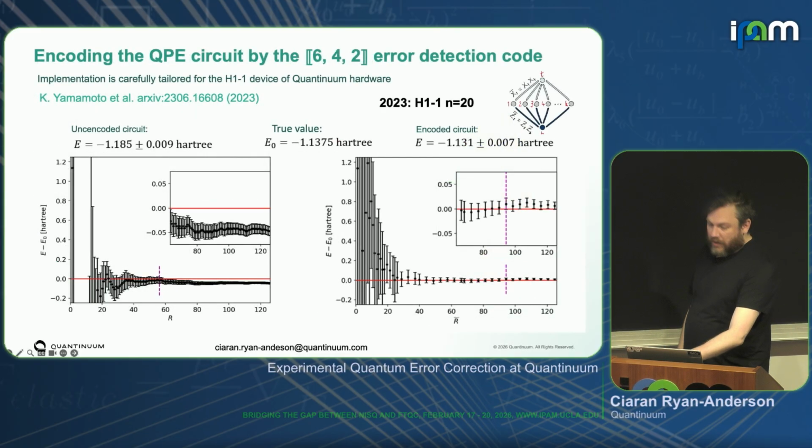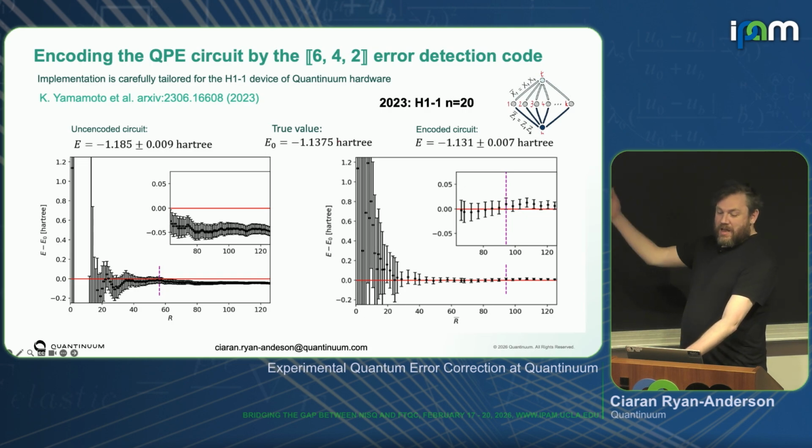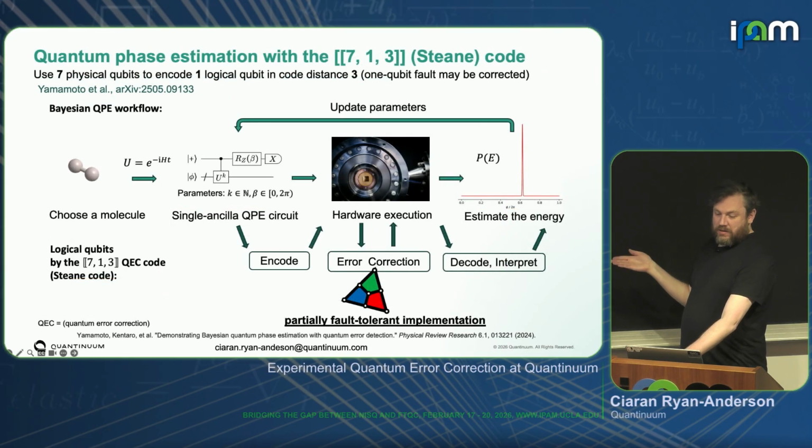And then I don't have very much time, but this actually might be more interesting to people. We did the error detecting code and did phase estimation and got relatively close to the actual known value for the hydrogen molecule. Then we took QEC, the Steane code yet again, and we did partial fault tolerance. So fault tolerance itself is very expensive because of all the gating that you have to do.